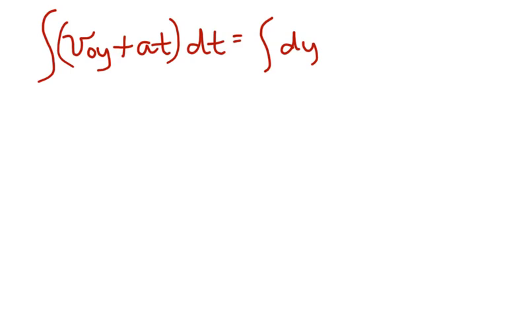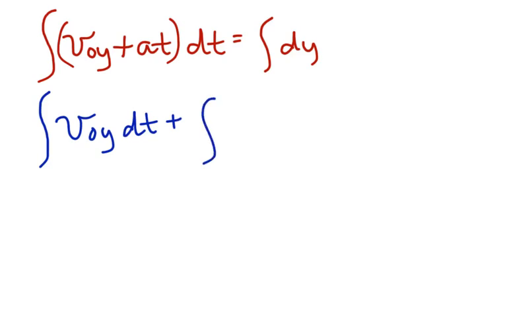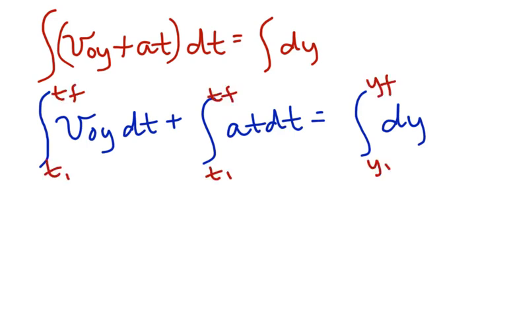All right, let's expand the left side of the equation a little bit here. So we get the integral of v sub naught y dt plus the integral of at dt is equal to the integral of dy. Let's make sure we have our upper and lower limits. All right, let's integrate this.